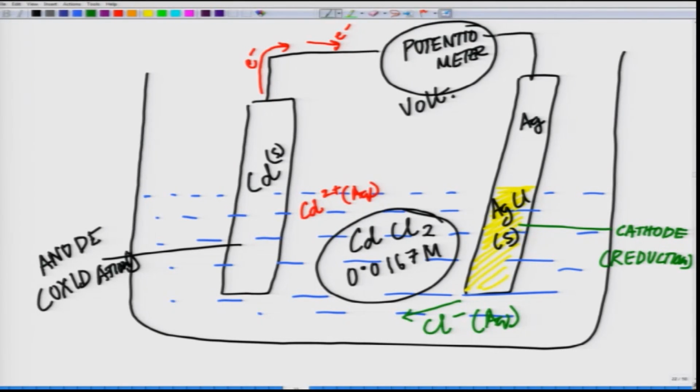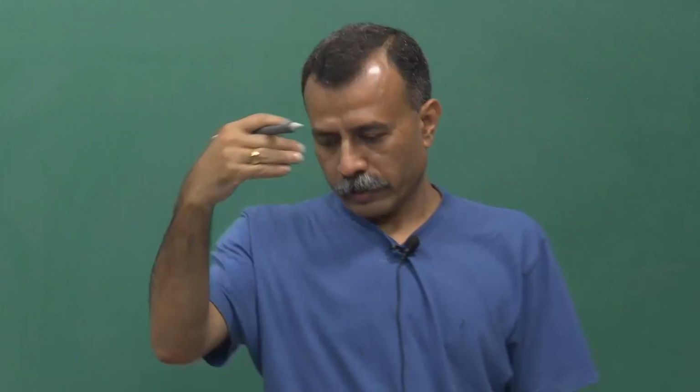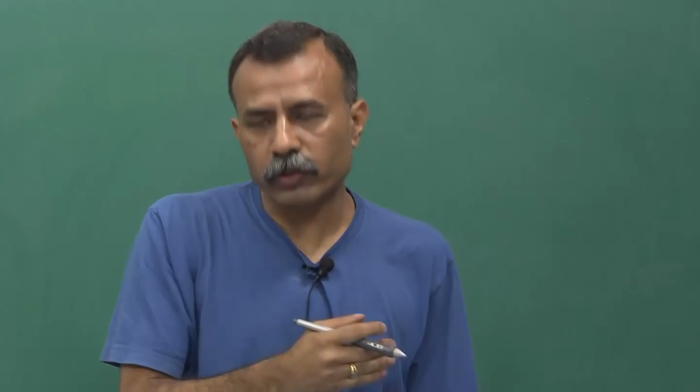So this electron which will be coming, in that case this polarity will be positive, here it will be negative, and this is that external connection, where the electron is coming and reducing the Ag+, which is generated because silver is leaving behind and coming into the solution.